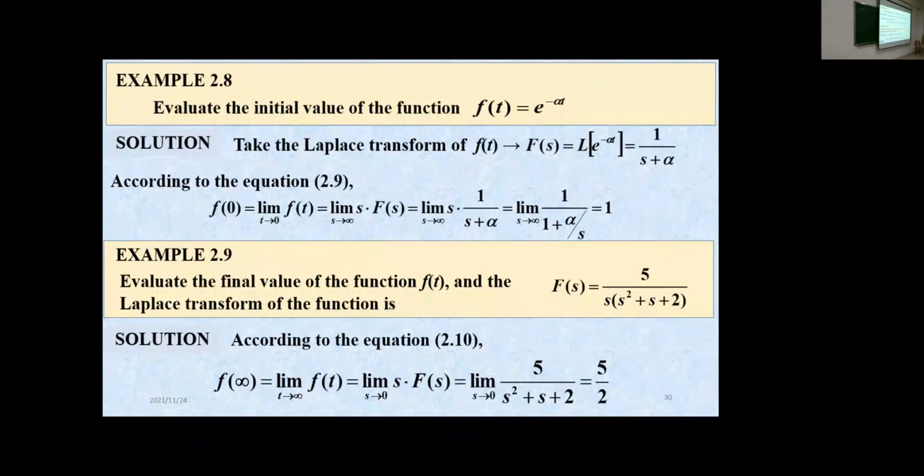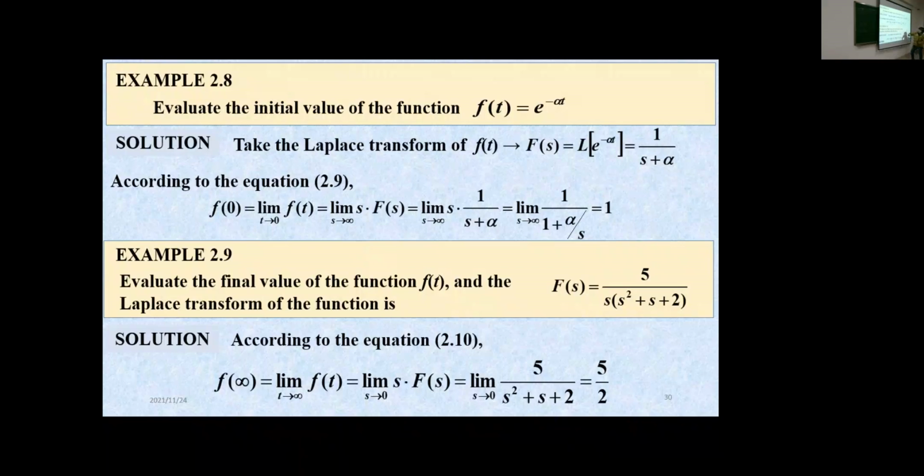So these two examples show how to use the initial value theorem and the final value theorem. To find the initial value for a function of time, you can change the problem in the time domain to the s domain. The first one is the initial value of the exponential function. You can just do this, right?